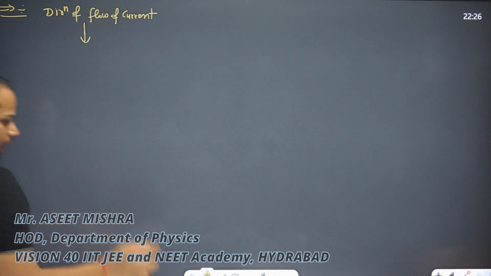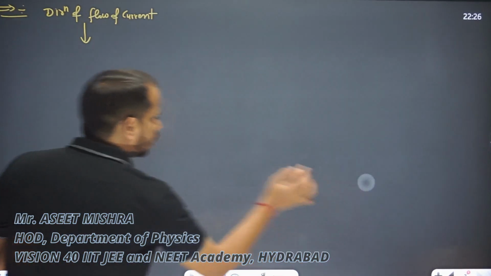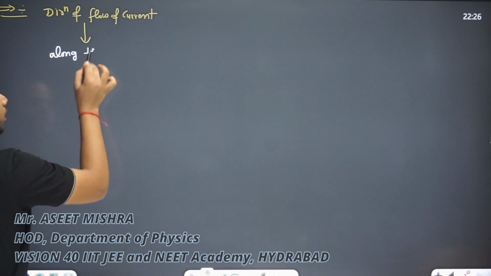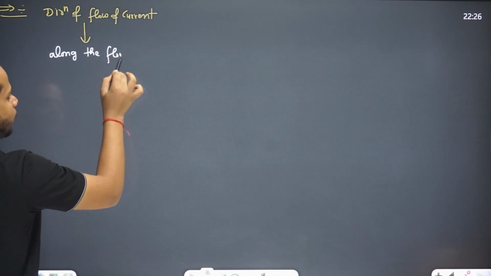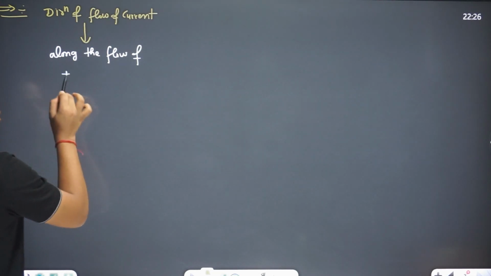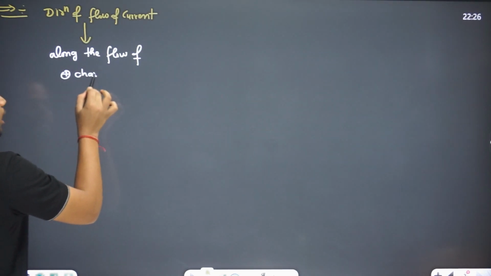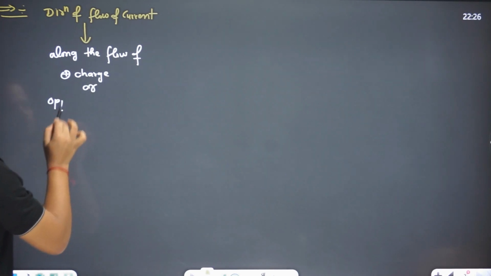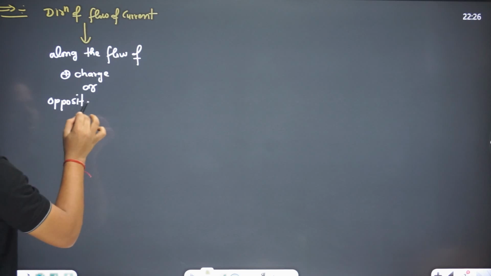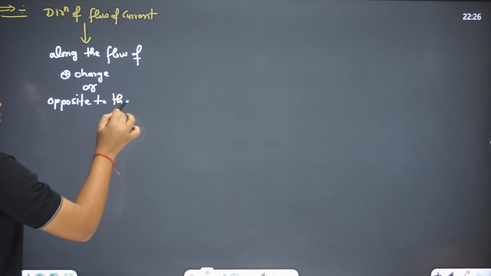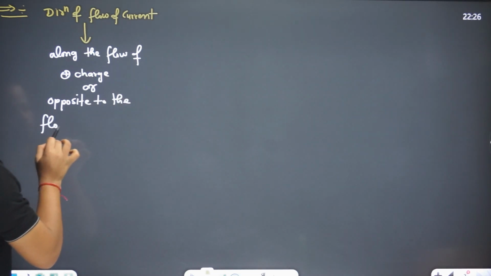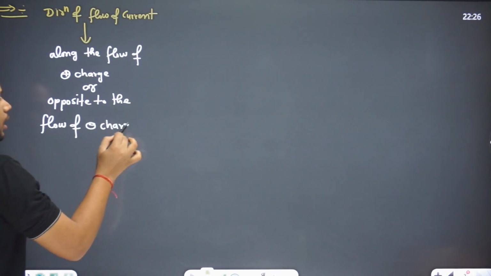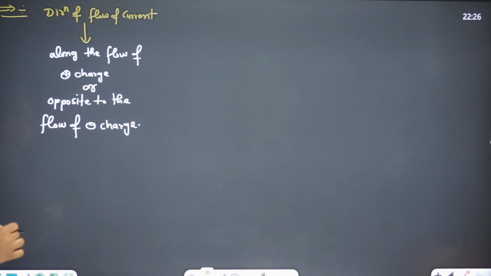The direction of flow of current is along the flow of positive charge, or opposite to the flow of negative charge.